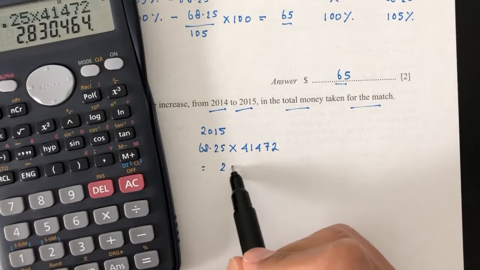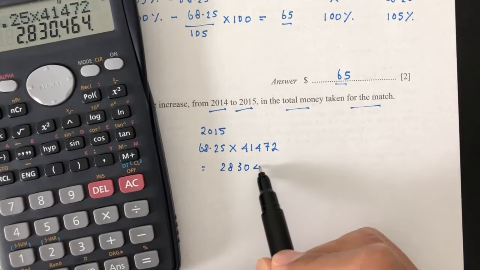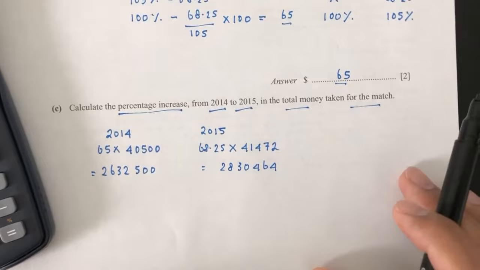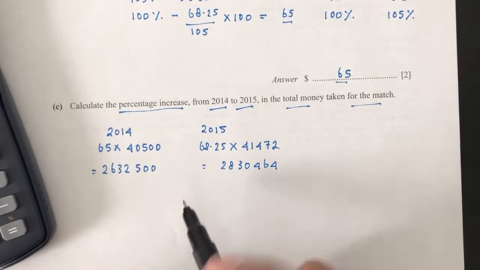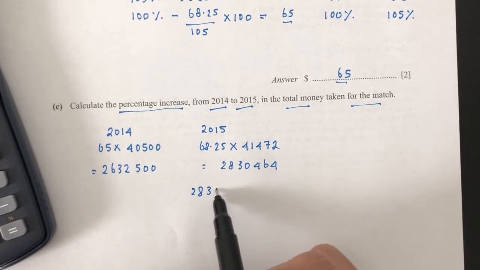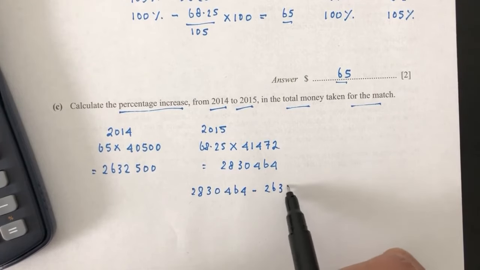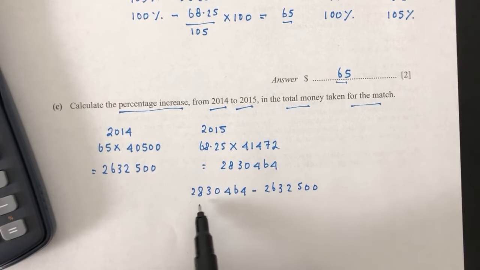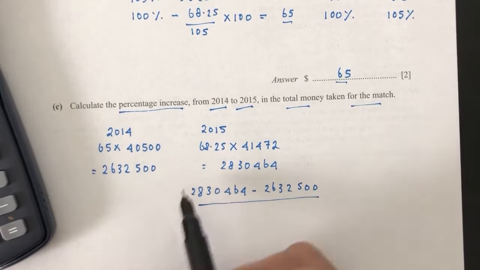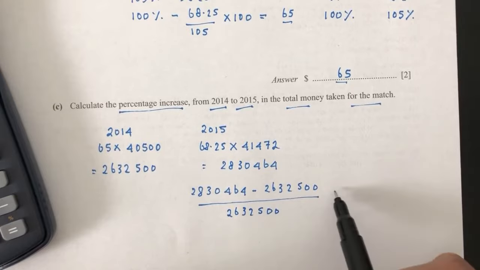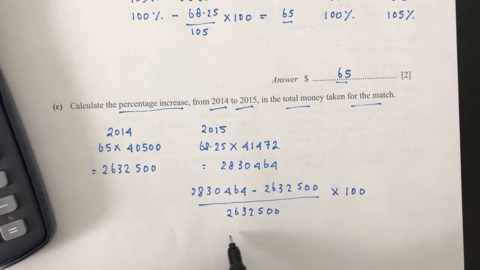That will be 2,830,464. So what is the percentage increase? You would take this minus this. This will be the increase, divided by the initial amount, times 100 for the percentage increase.